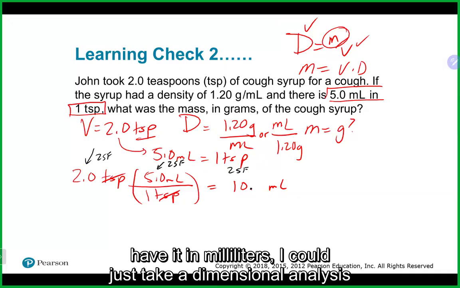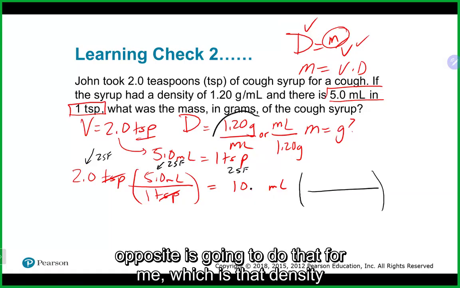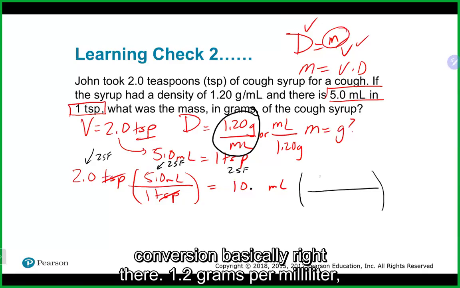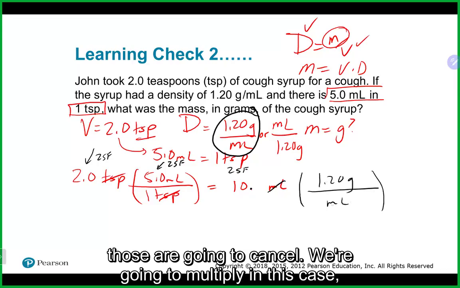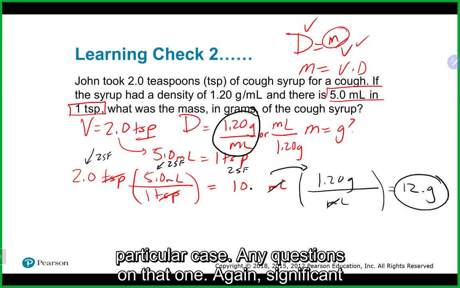Now that I have it in milliliters, I could just take a dimensional analysis approach and get rid of milliliters, which means opposite's going to do that for me, which is that density conversion right there, 1.2 grams per milliliter. Those are going to cancel. We're going to multiply in this case, and that's going to get us a 12, I believe, grams in this particular case.